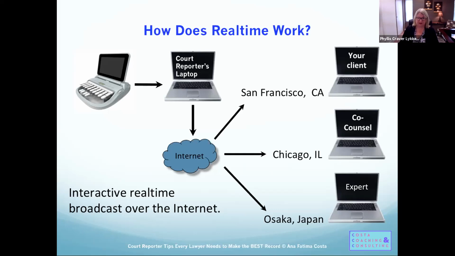One quick story I wanted to tell: in 1996, I believe, I was told anyway, I was the first court reporter to write real time and have it uploaded to the internet, and it was at Microsoft's campus in Redmond.